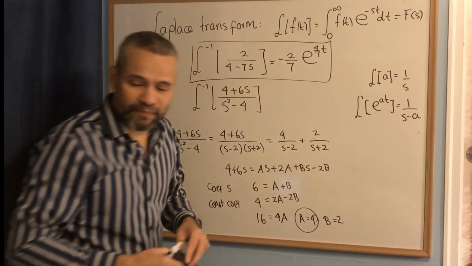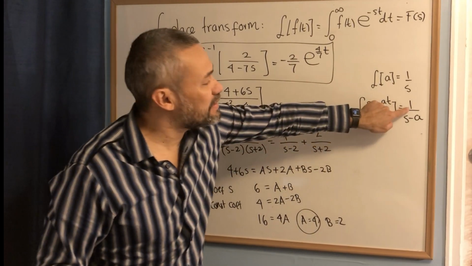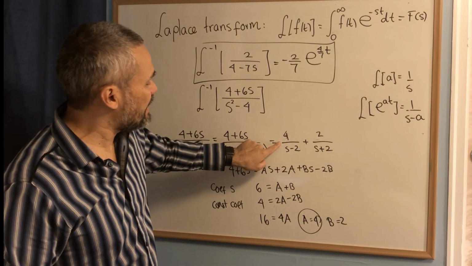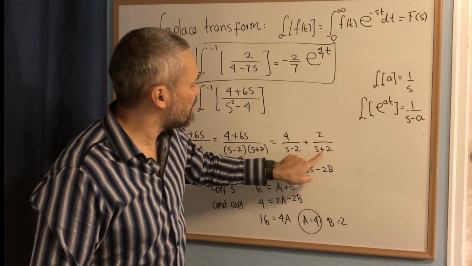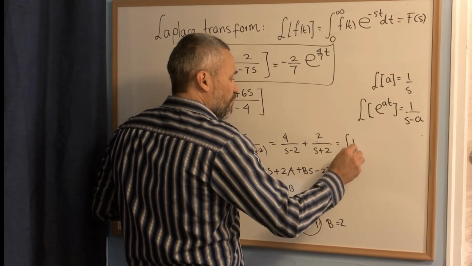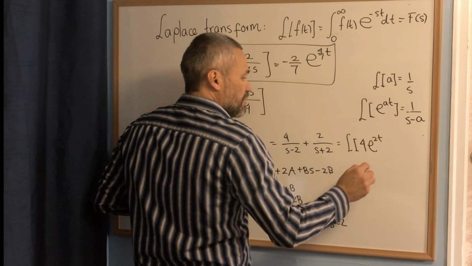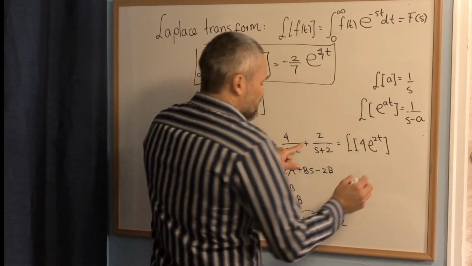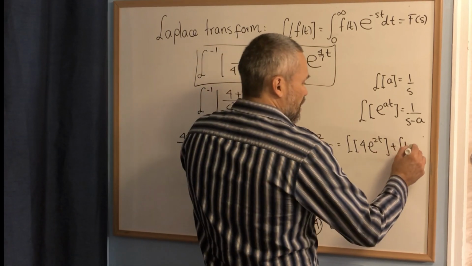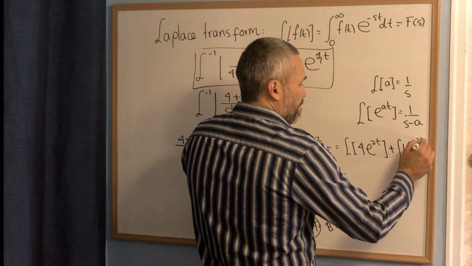Right? 4 and 2. Now we see that this one looks like this, and this one looks like this. This one looks like that with a equal 2, and this one looks like that with a equal negative 2. We can see that this is the Laplace transform of 4 times e to the 2t, and this one is the Laplace transform of 2 times e to the negative 2t.